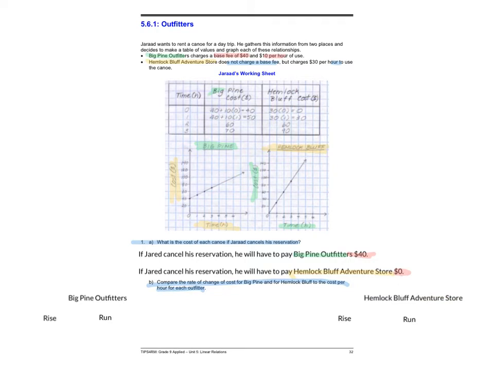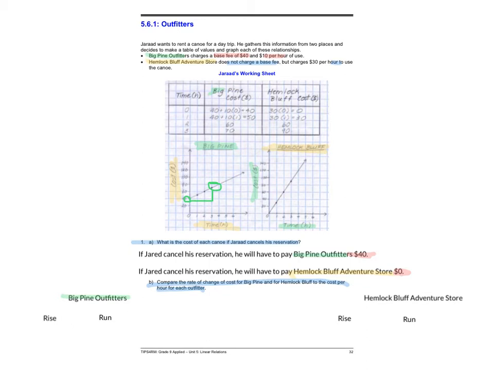So we'll start by looking at the Big Pine Outfitters. We'll take a look going from one point to another. Well, we have a height or a cost of 40 compared to a cost of 70.